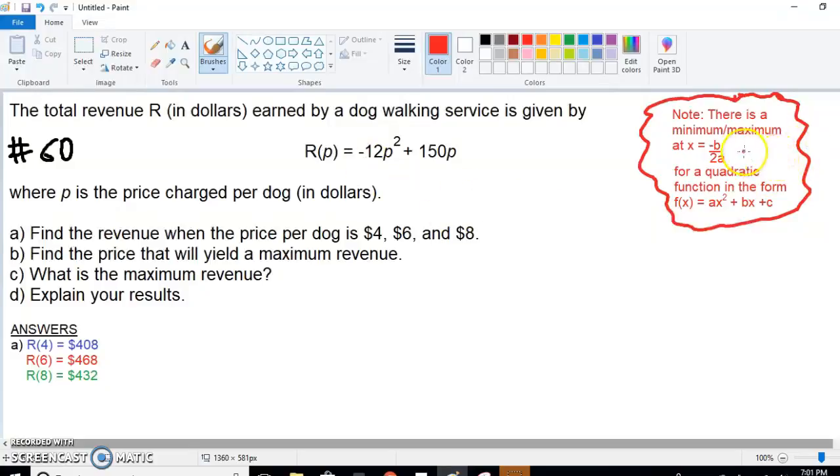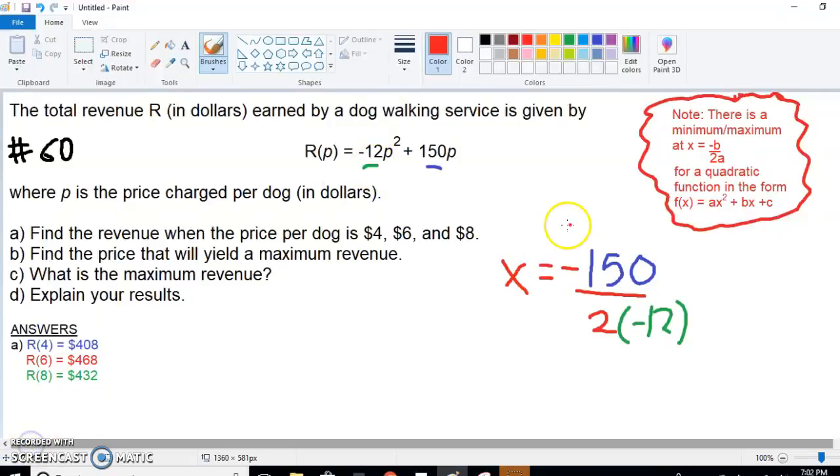So to find out where that maximum exists, we're going to use x equals negative b over 2a. Our b value is 150, our a is negative 12. Plugging directly in, we have x equals negative 150 over 2 times negative 12. Simplifying this, we have negative 150 over negative 24.